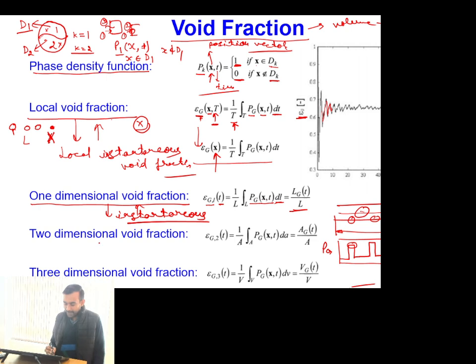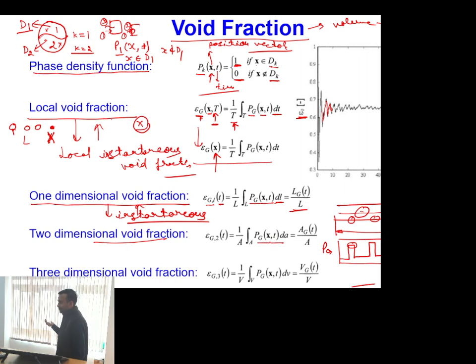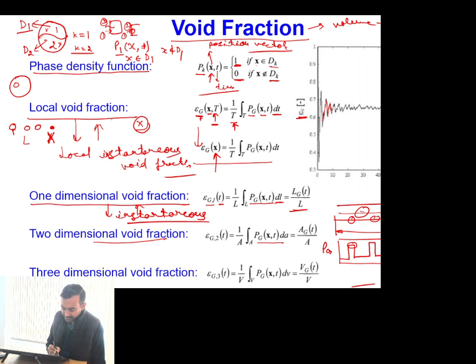Then what we have is two-dimensional void fraction. Epsilon g,2 (t) is 1 by A integral over the A of rho g(x,t). So this is nothing but an area averaged quantity. So in the case of an area averaged quantity, what will I get? Say these are my bubbles and the remaining is liquid. So the phase density function will be 1 corresponding to these bubbles and everywhere else it will be 0.